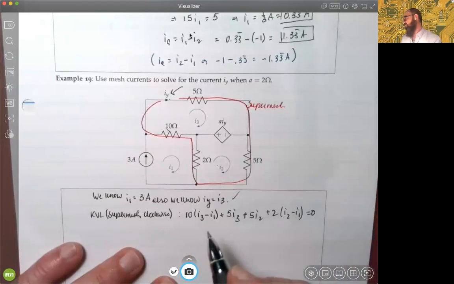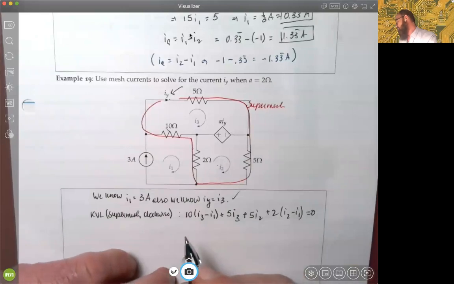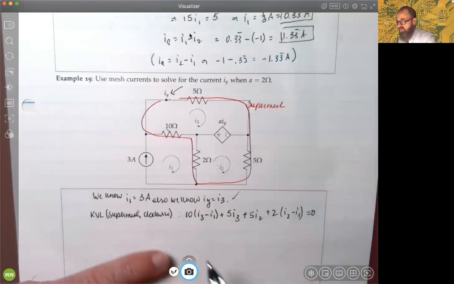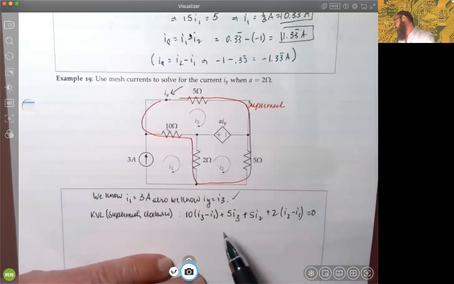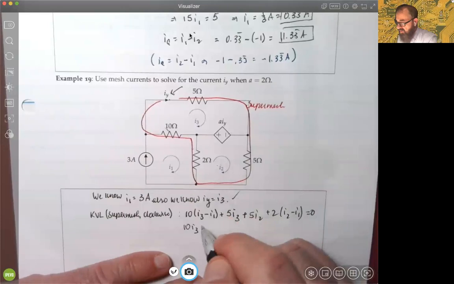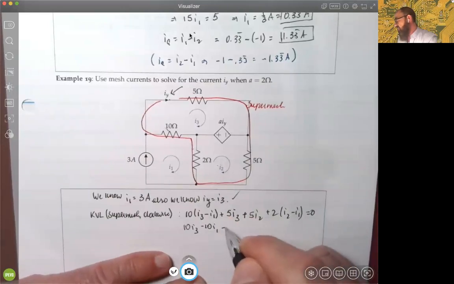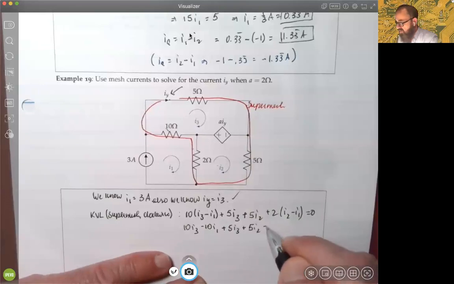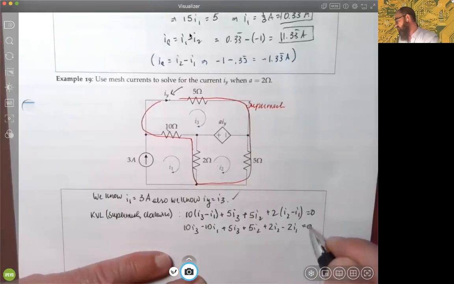We can clean this up a little bit with a little algebra. It's not too difficult to exploit the fact that I1 has to be 3, but maybe before we do that, we can simplify this a little bit. So what we're going to have is 10I3 minus 10I1 plus 5I3 plus 5I2 plus 2I2 minus 2I1 has to be equal to 0, okay?